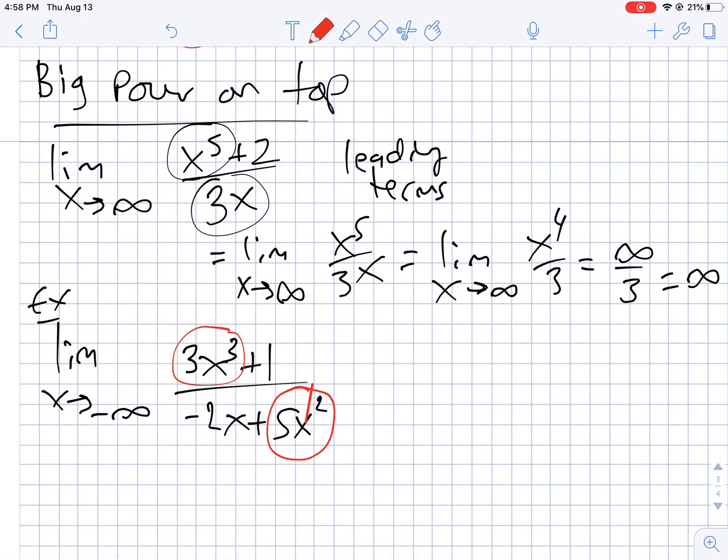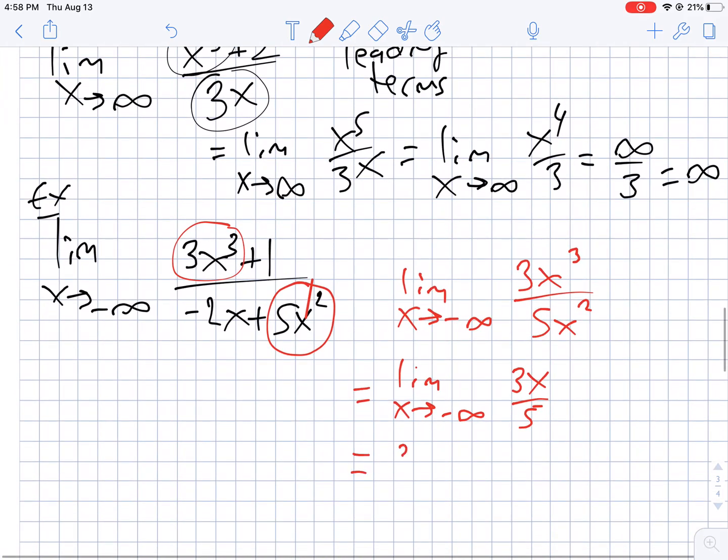So we're going to say, let's just take the limit as x goes to negative infinity of 3x cubed divided by 5x squared. We can cancel the x squareds. So this is the limit as we go to negative infinity of 3x over 5. As we plug this in, we see this is just 3/5 times negative infinity. So that just becomes negative infinity.